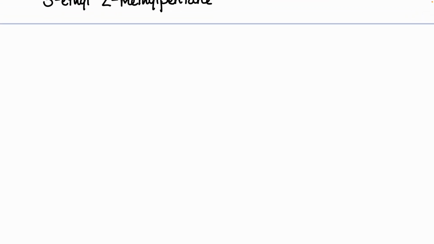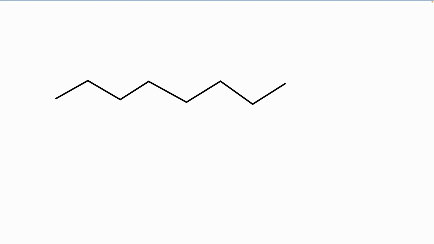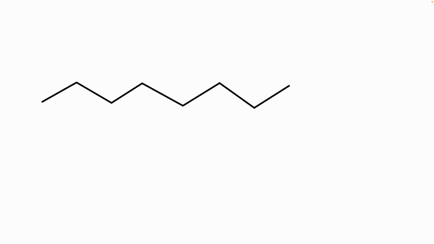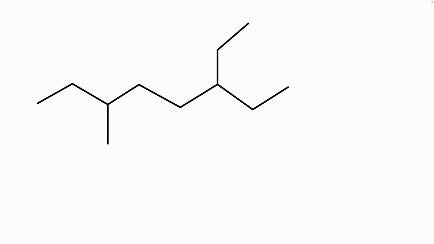There's one more pain in the butt situation that is pretty rare, but it can occur, and they have a way around it here. So we're going to take a similar molecule to what we did before. I'm going to put a methyl group over here and an ethyl group over here. Okay? This has our same 1, 2, 3, 4, 5, 6, 7, 8 carbon parent chain.